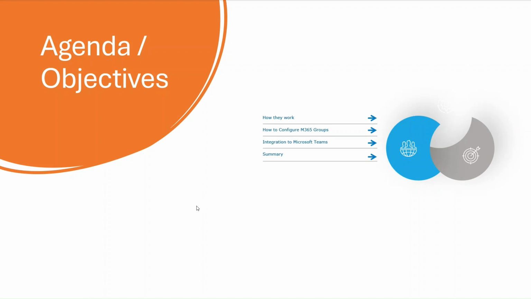We have dynamic distribution list. We have mail enabled security group and so on. We have SharePoint group. We have these different types of groups that integrate perfectly to Microsoft 365.